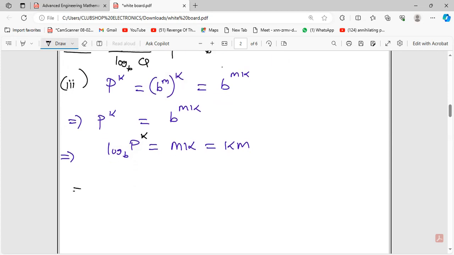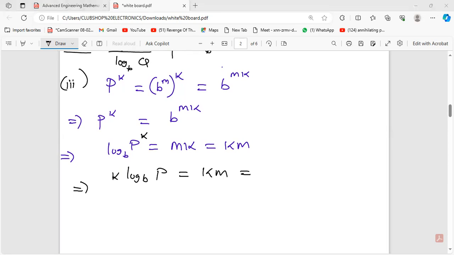So this is supposed to be written as, we can drop the power, we can have k log base b of p, which is equal to km. And that km is equal to p to the power k.